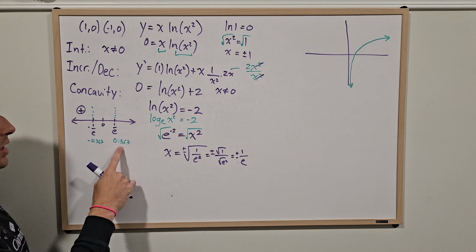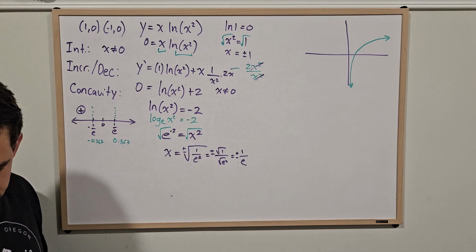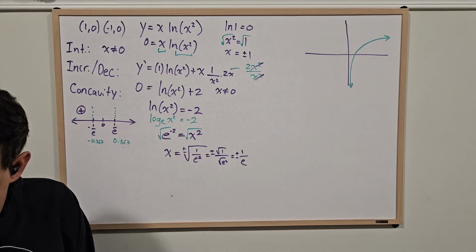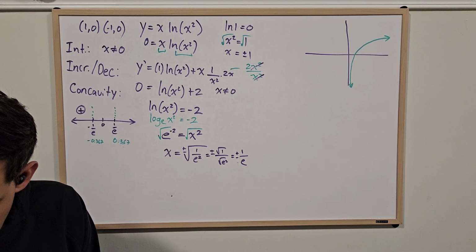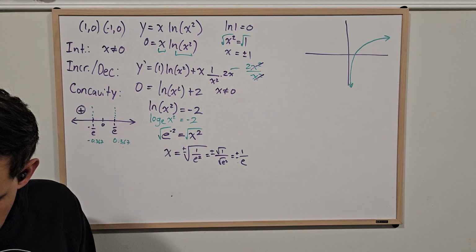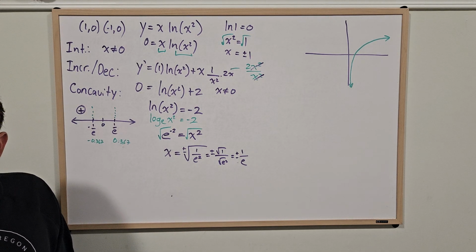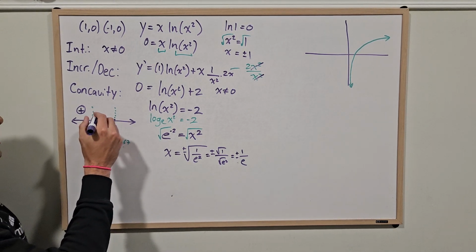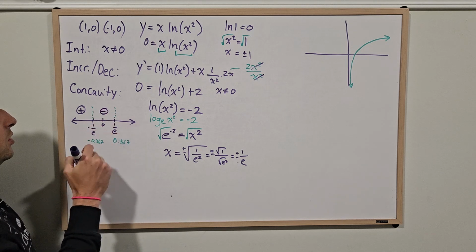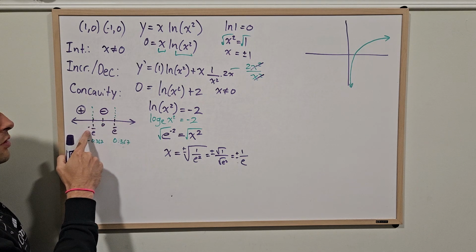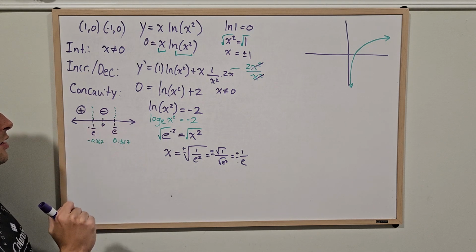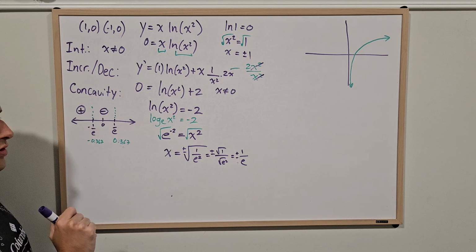So I'm going to pick like 0.1, let's say, okay? So if you do that in your calculator, 0.1 squared, then you take the ln, or the natural log of that, it'll be negative 4.6 plus our 2, it's going to be negative. So here we have a negative in between negative 1 over e and positive 1 over e.